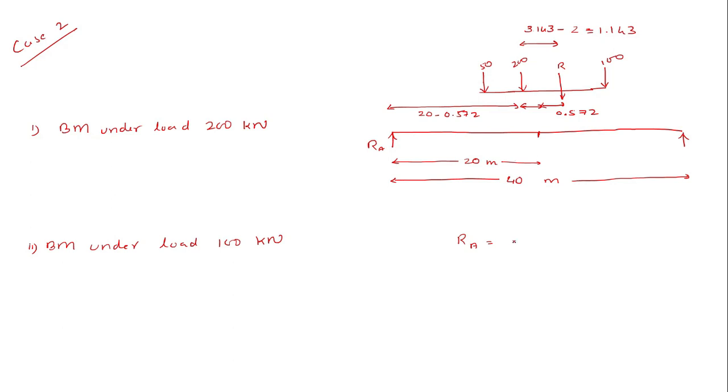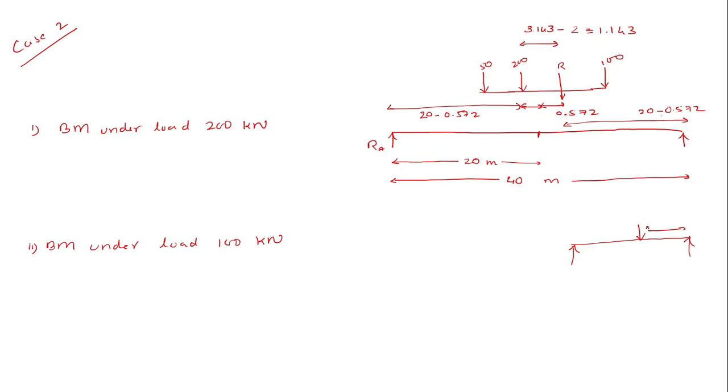So here RA will be equal to, and this distance here will also be equal to 20 minus 0.572. If you want to find the corresponding reactions, okay, for the time being I will find reaction RA.